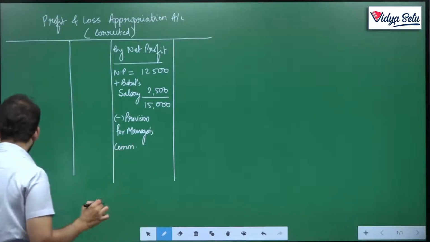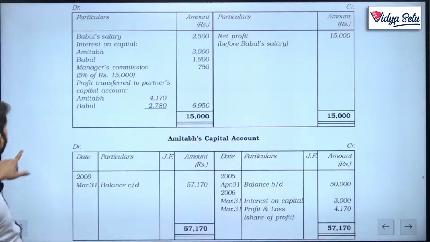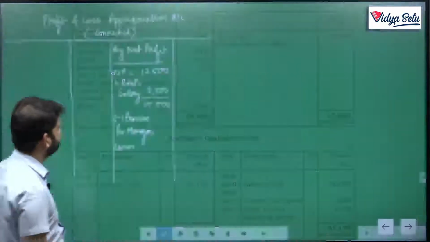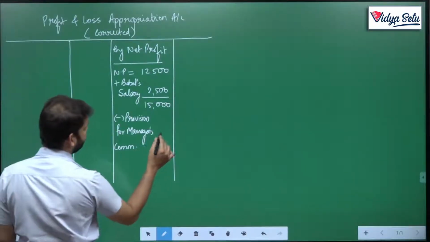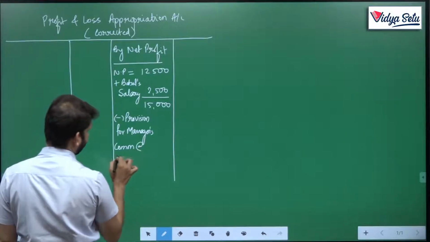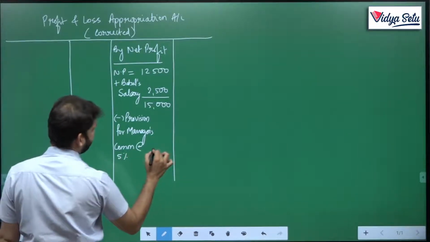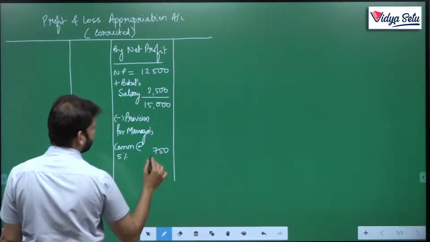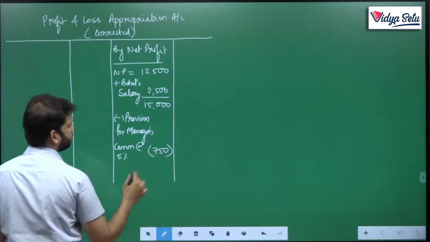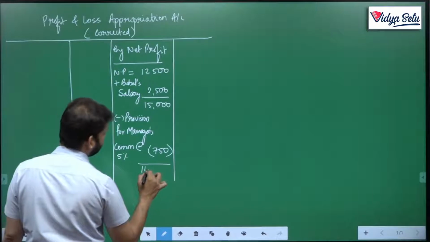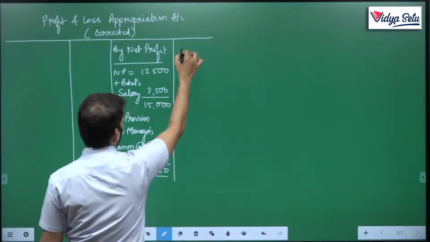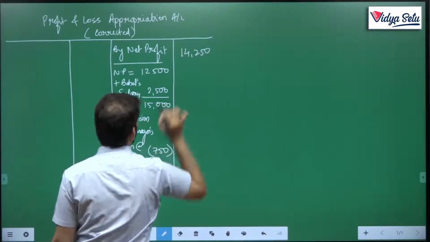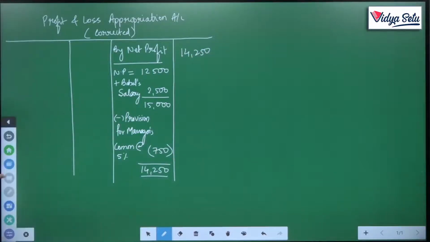Was it for manager commission? Yeah, manager commission. That is 5% of this, which comes to 750. So 14,250 should have been the net profit. Rest everything is correct here.